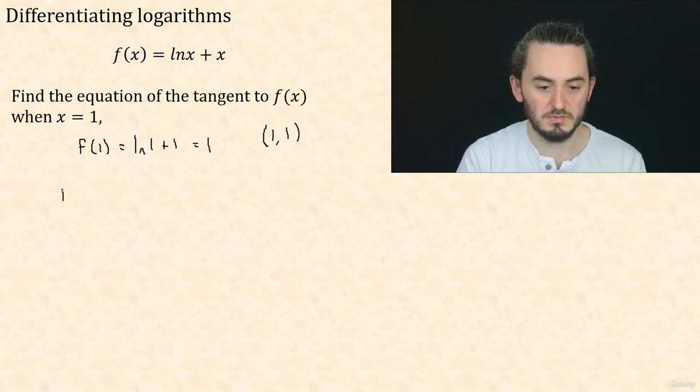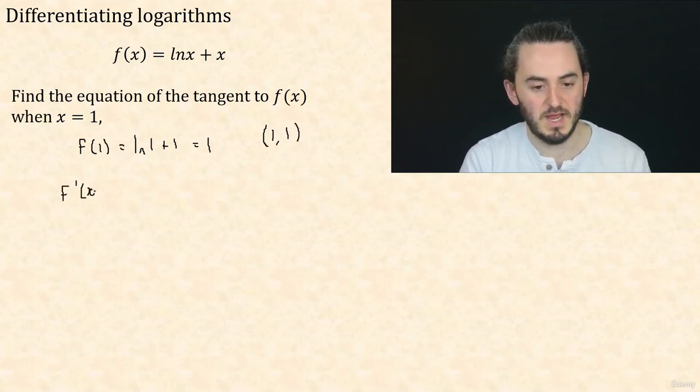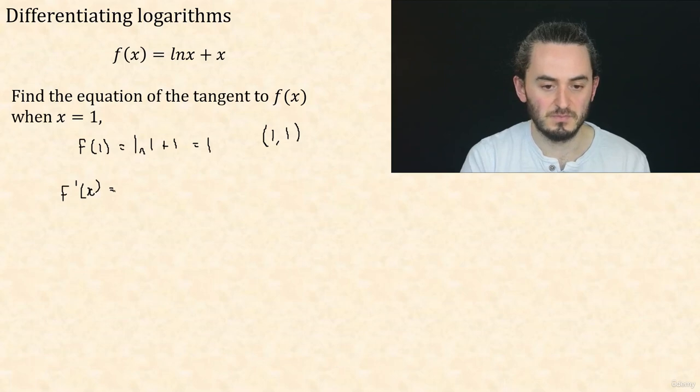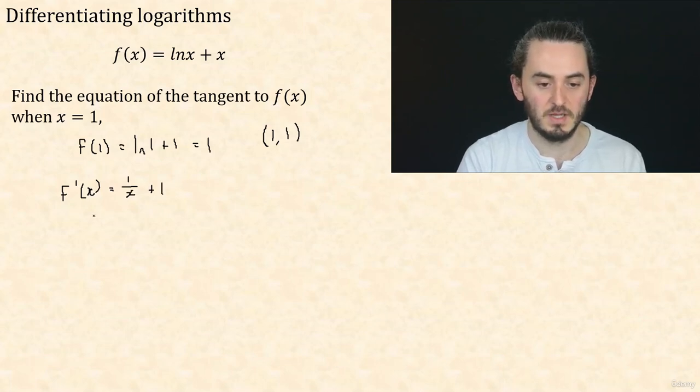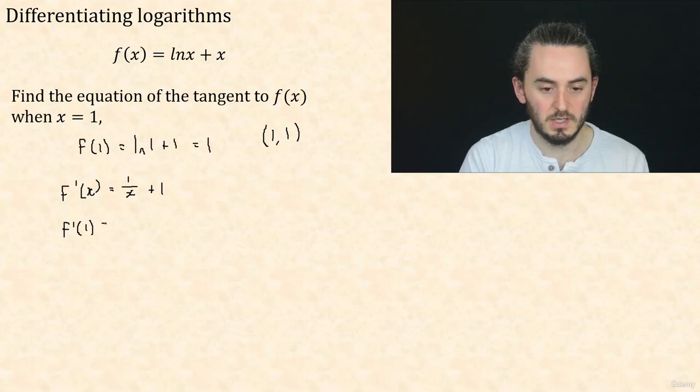What about the gradient? Well, f prime of x is the derivative of this, which is 1 over x, that's the derivative of ln x, plus 1, that's the derivative of x. And when x is 1, I get a gradient of 1 over 1 plus 1, which is 2.